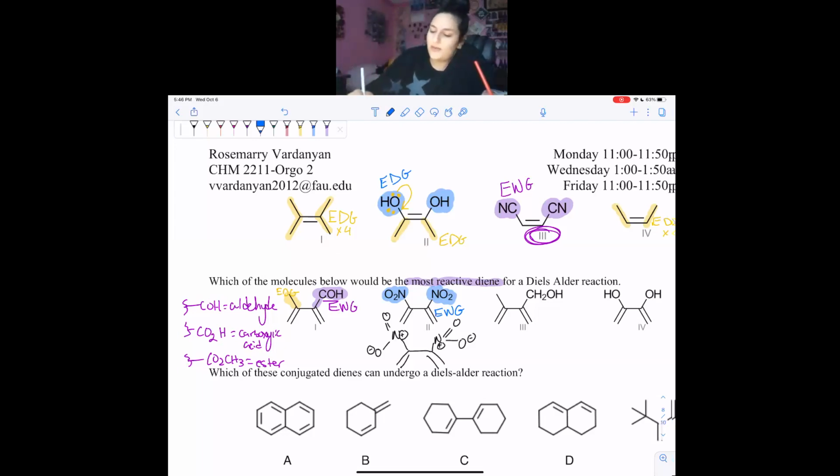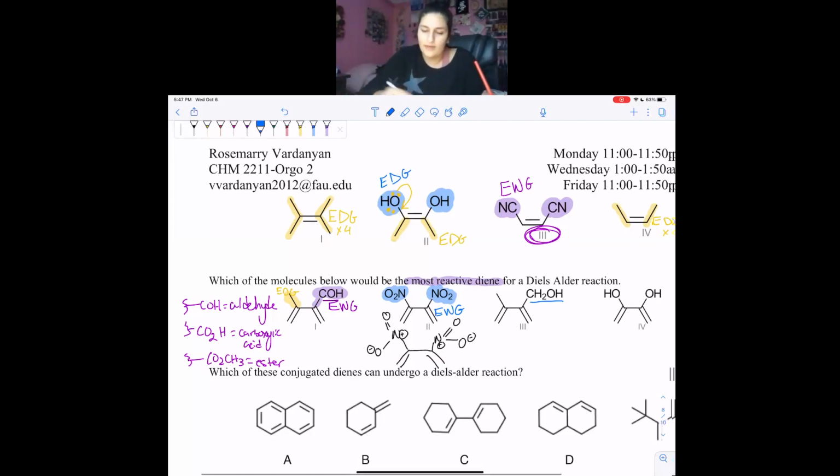CH2OH. What does that mean? And I'll draw it out just so we see it. Bam. It just looks like this. Yeah, it's just an alcohol. You're right. So we have this bend here, though.